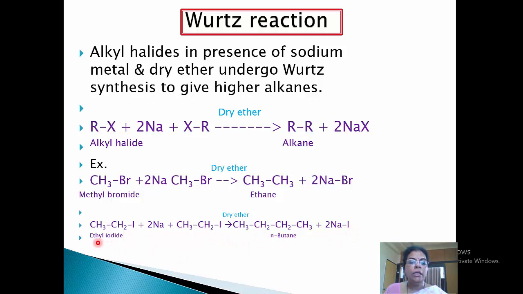That is, here ethyl iodide is converted into n-butane. Now from this reaction we can say that when the alkyl halide contains 2 carbon atoms, then the product formed contains 4 carbon atoms. That is, we can double the carbon atoms in Wurtz synthesis from the starting alkyl halides.